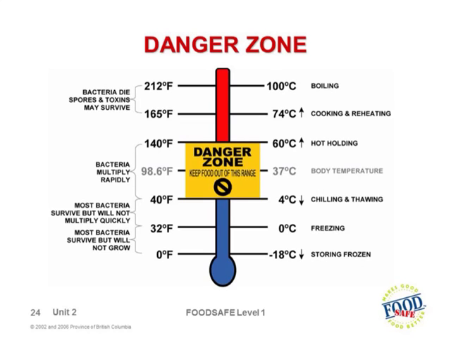The danger zone is between the temperatures of 4 degrees Celsius and 60 degrees Celsius. Those are the temperatures where bacteria can grow and multiply very, very quickly. So you want to make sure that if you're holding food at any temperature for any length of time, you're holding it at 60 degrees Celsius.